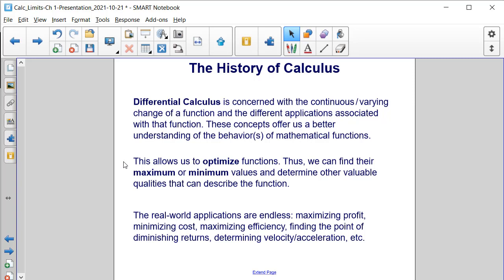Thus, we can find their maximum or minimum values and determine other valuable quantities that can describe the function. The real-world applications are endless. You can talk about maximizing profit or minimizing cost, maximizing efficiency, finding the point of diminishing returns, determining the velocity or acceleration of an object, and the list goes on and on.